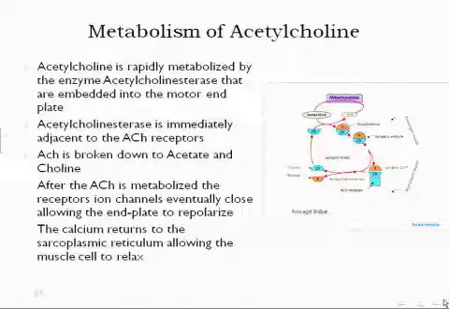But just understand for now that most of the termination of action is due to acetylcholinesterase. It terminates the acetylcholine by cutting it into two different components and basically making it inactive. Once the inactivation takes place, of course, the charge goes back to its negative state. The calcium gets reuptaken by the SR, and that terminates the contraction phase for that muscle.